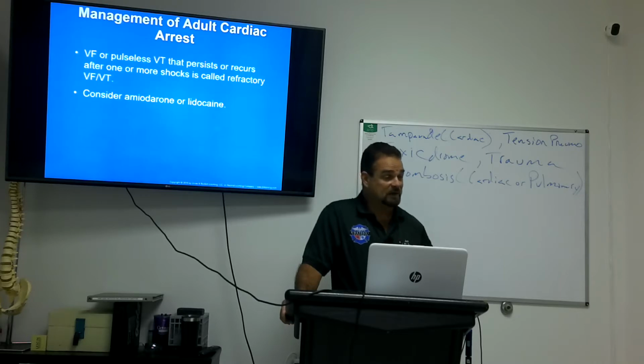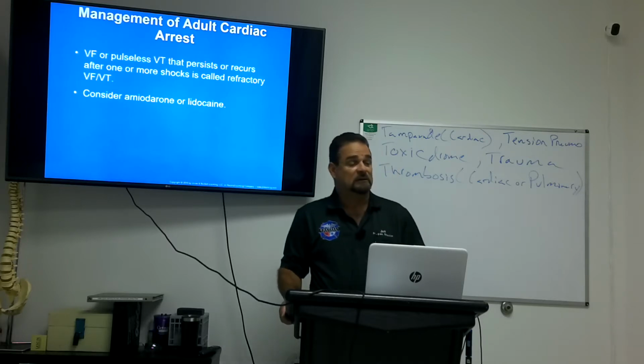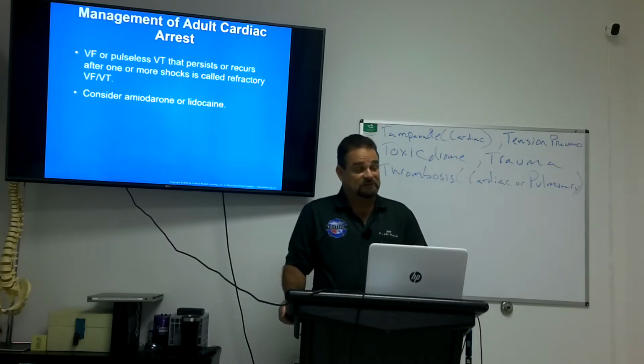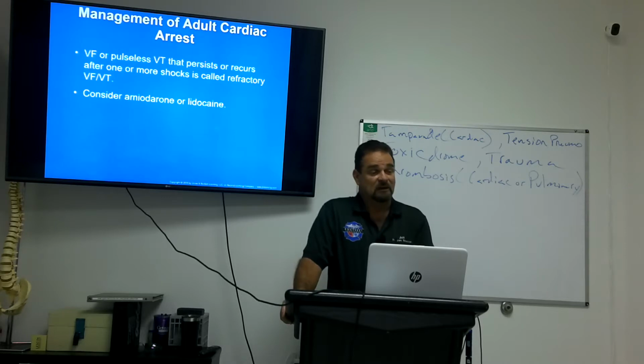We will talk about that more in the medication section, but the amiodarone dose for VFib is 300 milligrams in 50 cc's of D5W over 10 minutes. You can also put it in 100 if you choose to as well, but you need to run it over 10 minutes. The reason why, it causes a lot of thrombophlebitis. It'll eat up the veins. It's very caustic to the veins when you run it in too quickly.